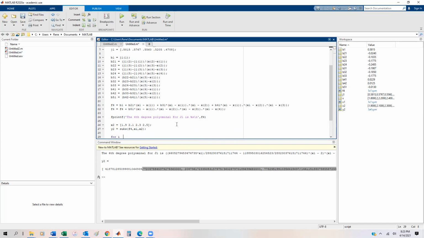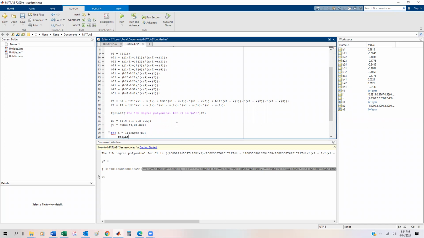So we're going to say for i equals 1 colon, let's just say length of x2, which is 4, we know, but just in generic terms, we're going to fprintf, and we're going to say the f4 approximation for J1, and I'm going to say J1 %2.1f, since I think 2.1 is going to give us 2 significant digits with 1 decimal place, is, and let's just say %f and \n, and that's going to be x2(i), the ith element in x2, comma, y2(i). And then we're going to end this.